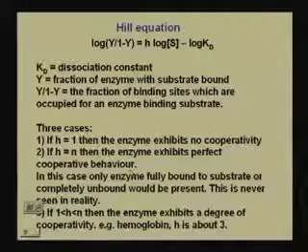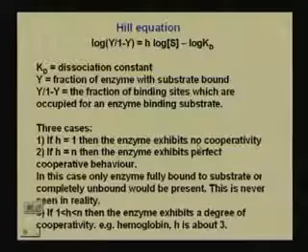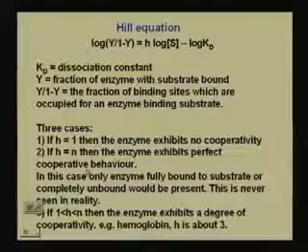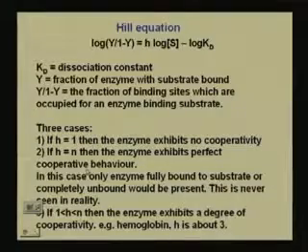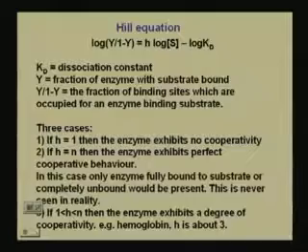Now, when H is equal to 1, then the enzyme exhibits no cooperativity. If H is equal to N, then you have perfect cooperative behavior. Usually this does not occur. And if you have a number between 1 and N, then you have a certain degree of cooperativity.